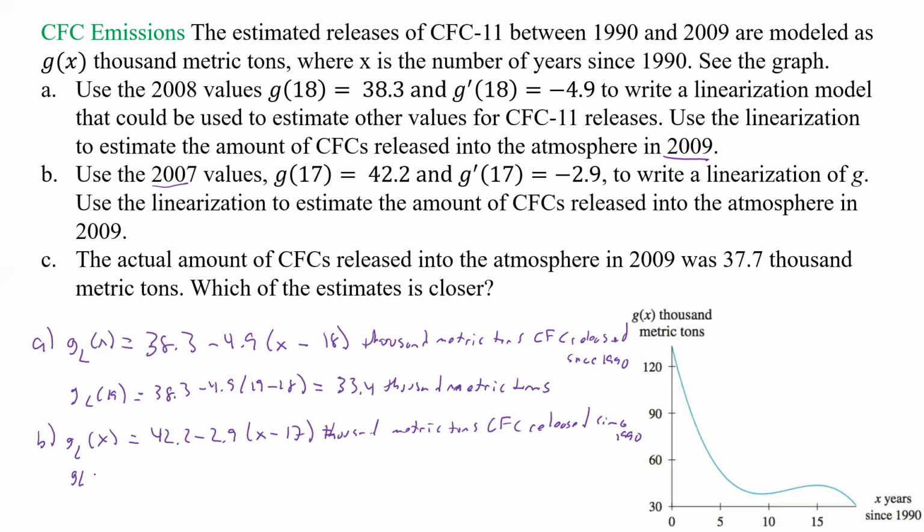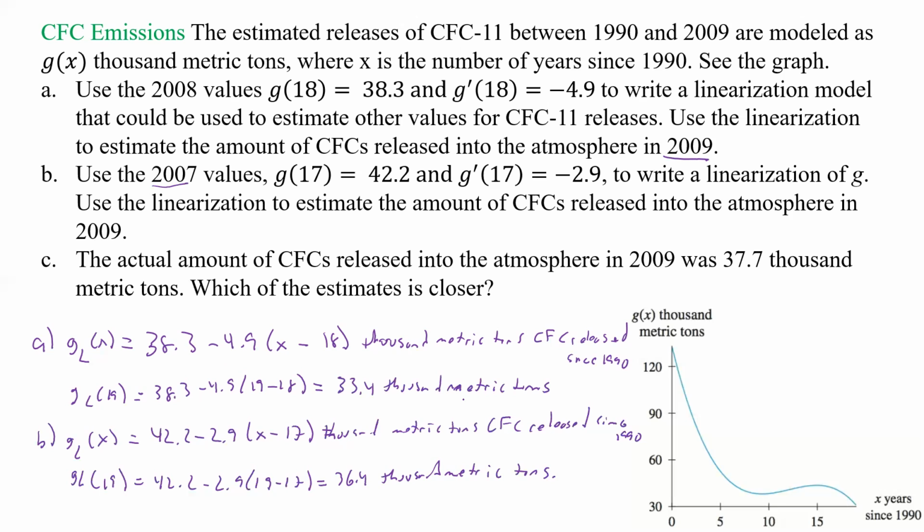And now they want G_L(19) again, except now we're plugging it into this. So that's going to be 42.2 minus 2.9 times (19 minus 17). And that's going to be equal to 42.2 minus 2.9 times 2, and 36.4 thousand metric tons.